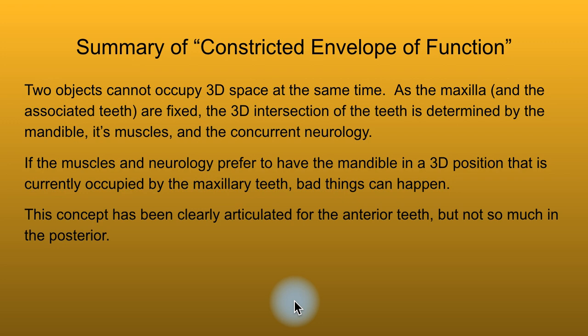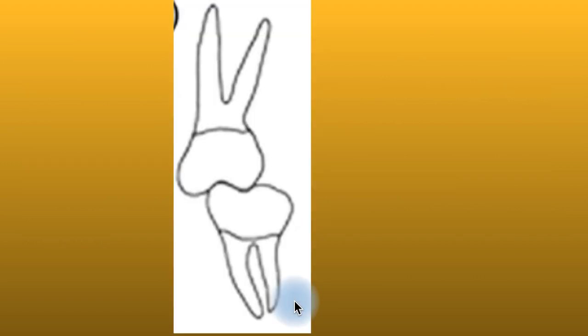So here's where we're going to take another detour back to our case vignette. This concept has been articulated rather clearly for anterior teeth, but not so much, at least to my knowledge, in the posterior. I want to introduce the concept, which to my knowledge doesn't exist in a high degree of clarity, of the posterior envelope of function and constricted posterior envelopes of function.